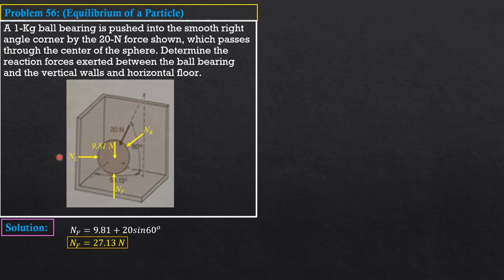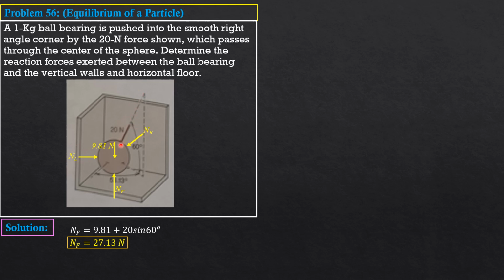Now for the other reactions, the weight has nothing to do with these reactions at the left wall and the rear wall, because it is vertical. Only this 20 Newton force will have effect on these normal reactions at the left and at the rear wall.